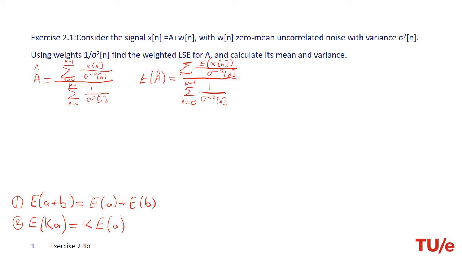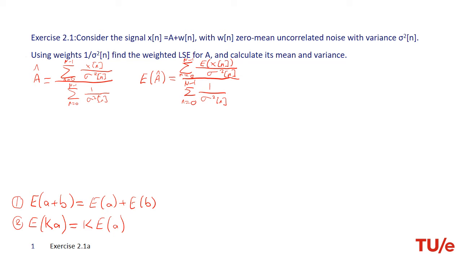And of course, in the denominator here, we have sigma squared. Again, this is deterministic. Using the second property, the expected value for this whole division turns into the division of the expected value for data by the deterministic parameter sigma squared. And what about the distribution of xn, the expected value of xn?